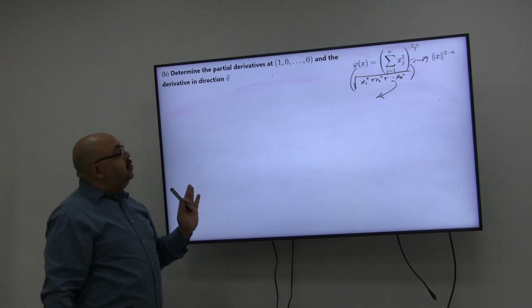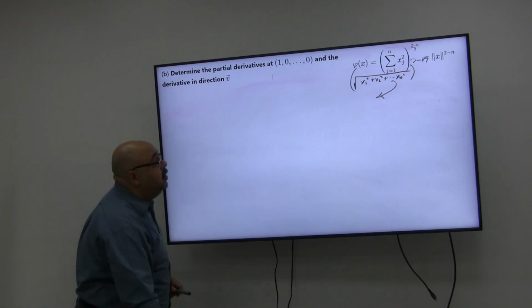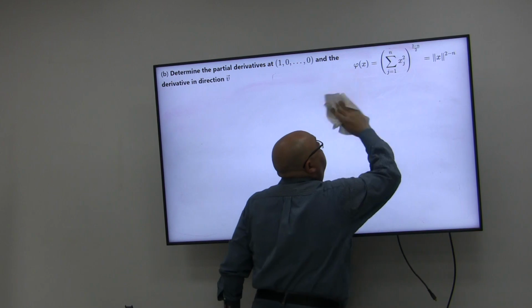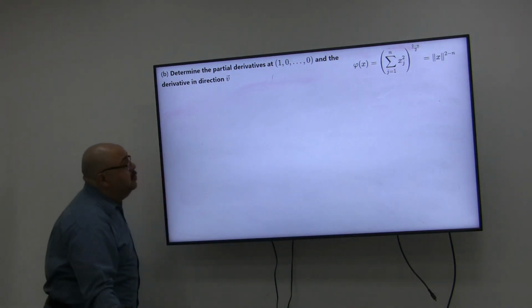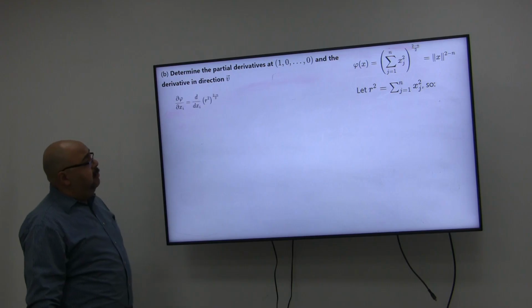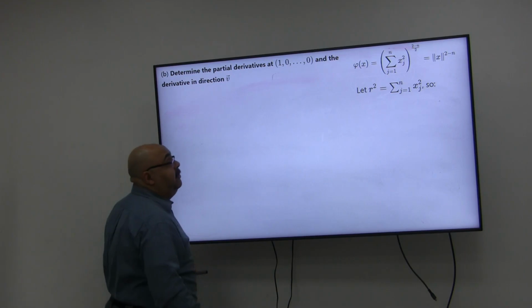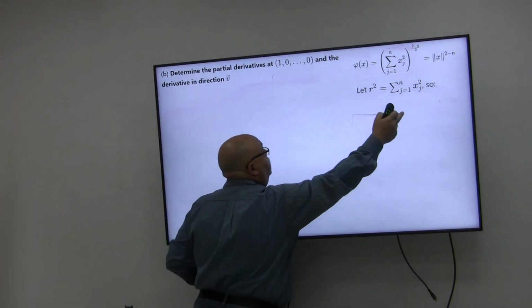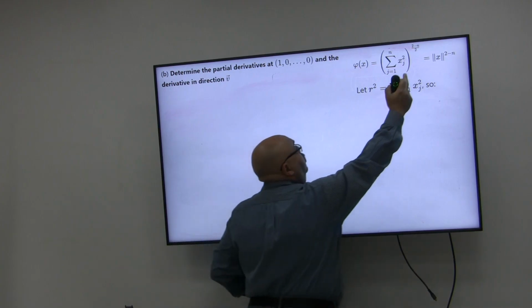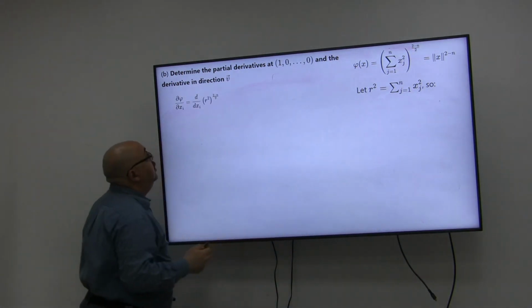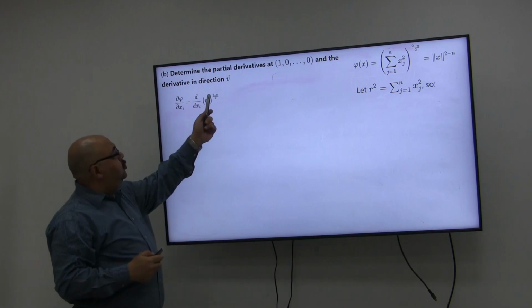Let's look at how to differentiate; the differentiation is really very easy in this case. If I make a change of variables using r equal to the square root of all of this, I will get rid of the 1 over 2. So it's going to be r to the power of 2 minus n.